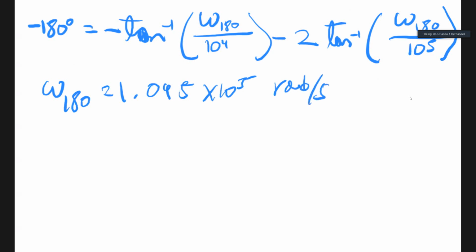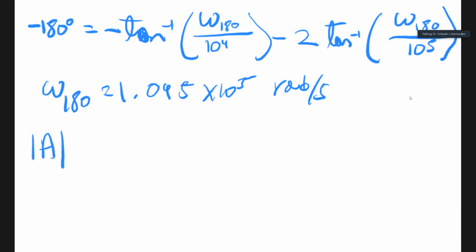Okay, so that's the frequency. Now you want to know what is the magnitude of A at that frequency. So again, you go back to A of j omega and find the magnitude: the square root of the real square plus the imaginary square.